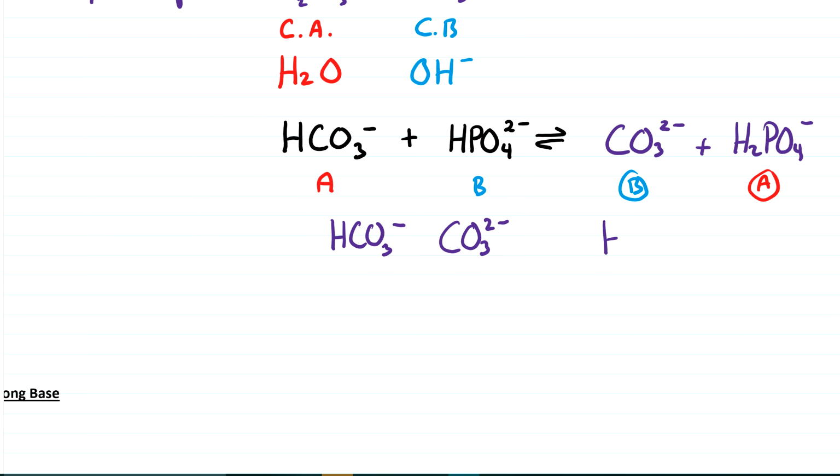And then the compound H2PO4 minus would be the conjugate acid of the base HPO4 2 minus. So this once again is the conjugate acid, and this would be its conjugate base. Conjugate acid and conjugate base.